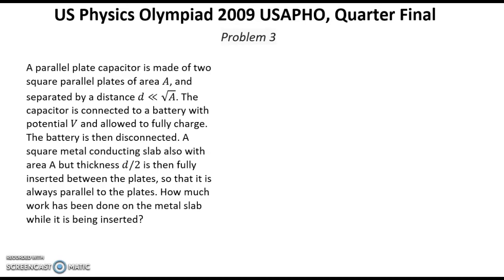A parallel plate capacitor is made of two square parallel plates of area A and separated by a distance d much less than the square root of A. The capacitor is connected to a battery with a potential V and allowed to fully charge. The battery is then disconnected.